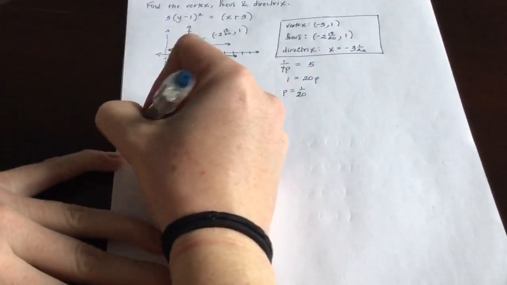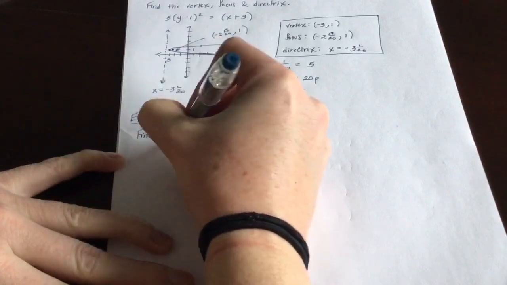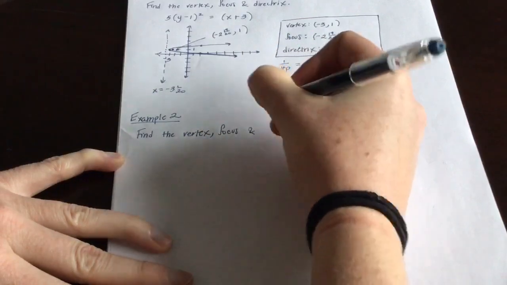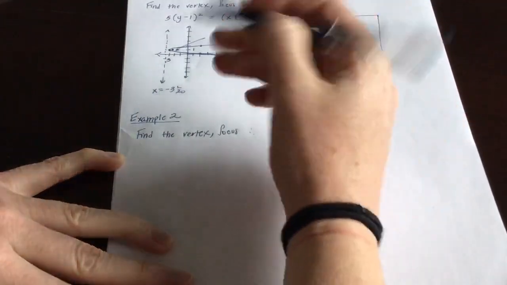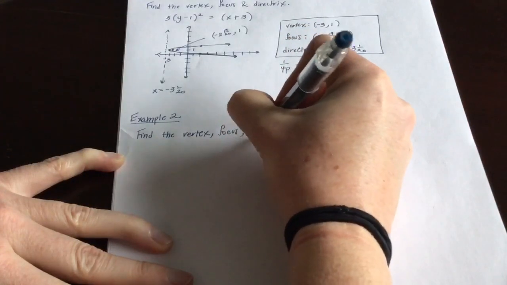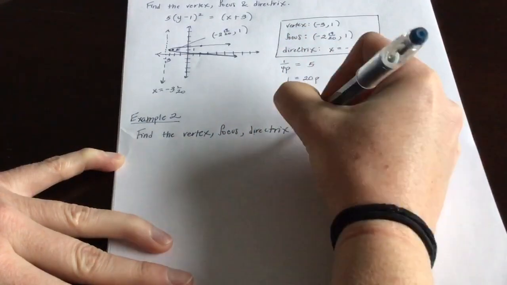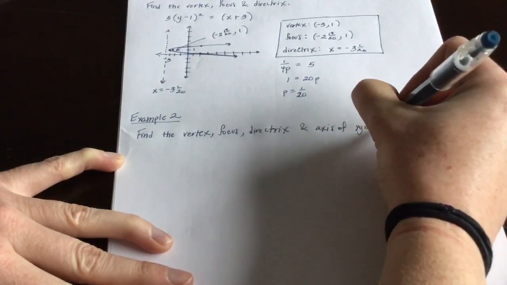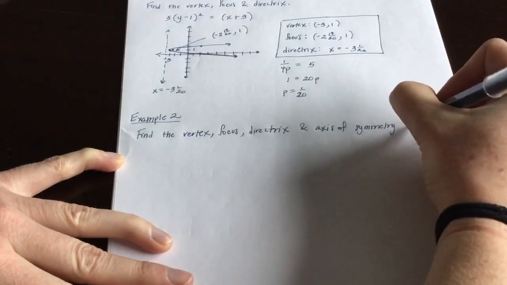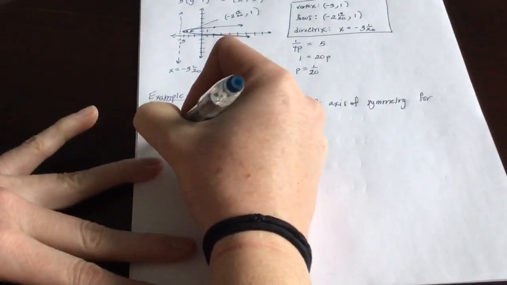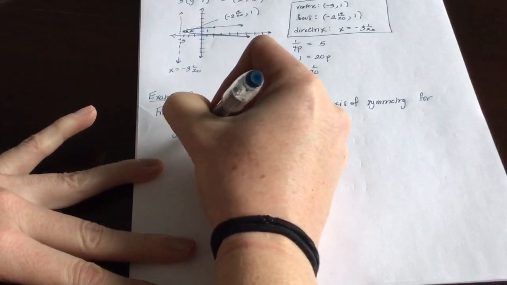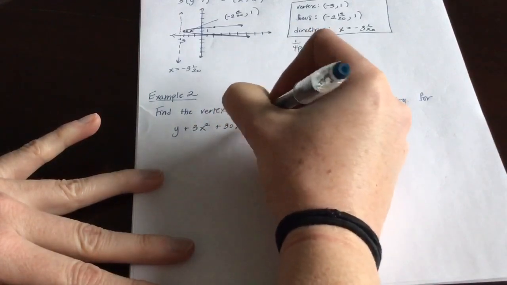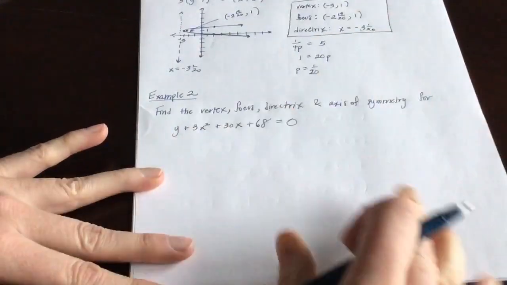Okay, example 2, find the vertex, focus, not and, but directrix, and what's called the axis of symmetry for, and let's give you a challenging problem this time, y plus 3x squared plus 30x plus 68 equals 0.